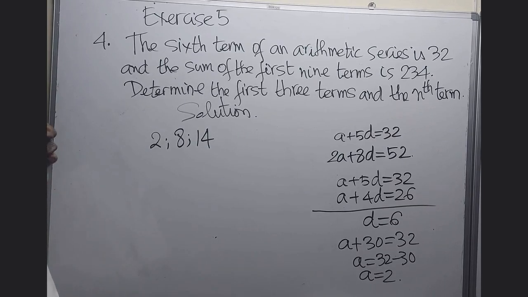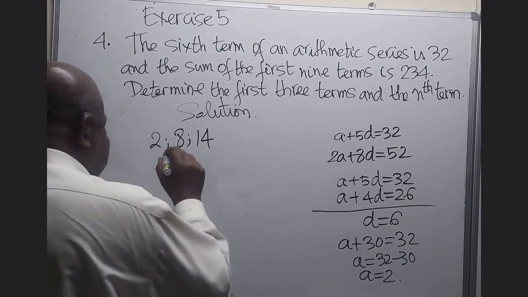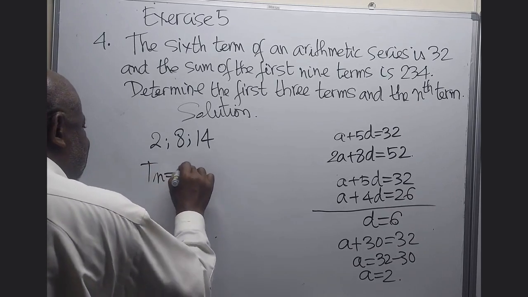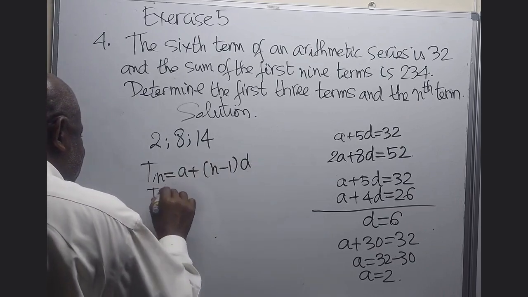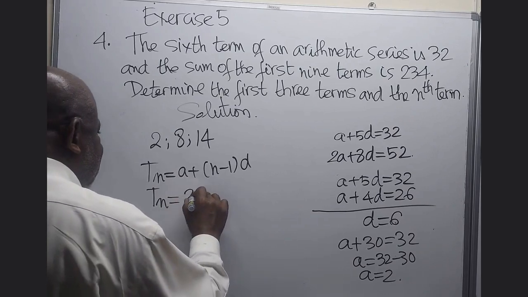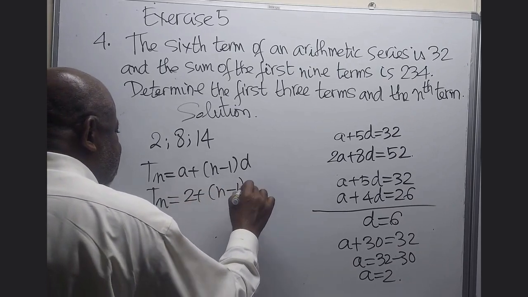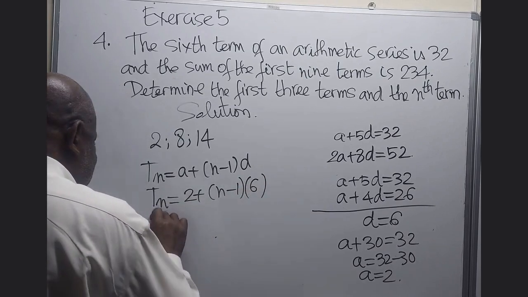And lastly, we're going to get the nth term. The nth term is Tn is equal to a plus n minus 1 times d. Tn will be equal to a is 2 plus n minus 1, and our common difference is 6.